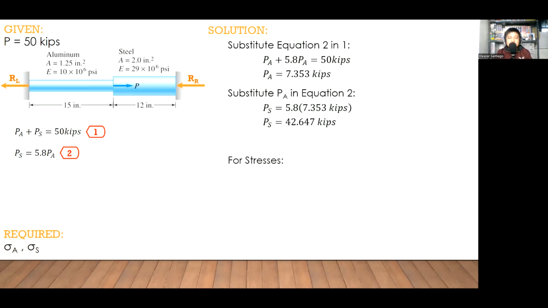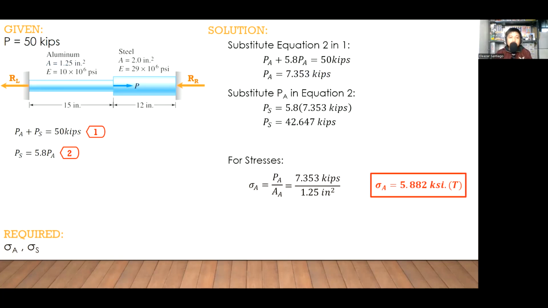So for the stresses, for our sigma A, it is equal now to PA divided by A sub A, wherein PA is 7.353 kips all over the area, that is 1.25 square inch. So from this, we will come up with the value of our sigma A, that is 5.882 KSI, and take note that for the aluminum, it elongated, therefore it is under tension.